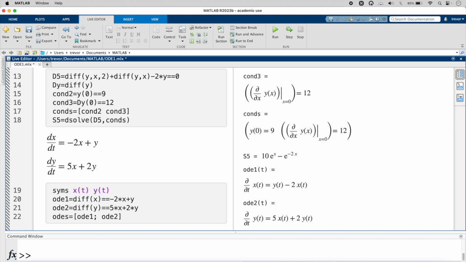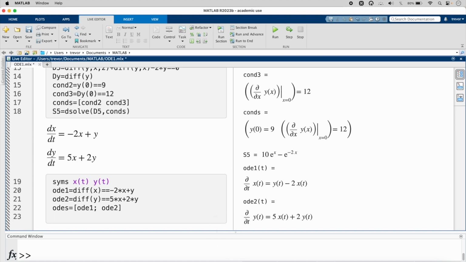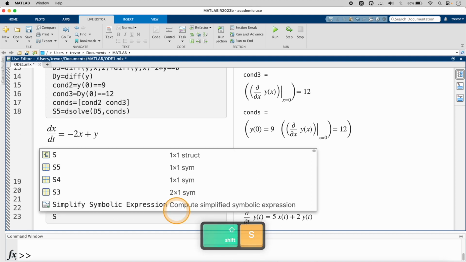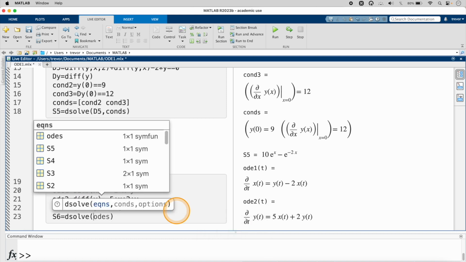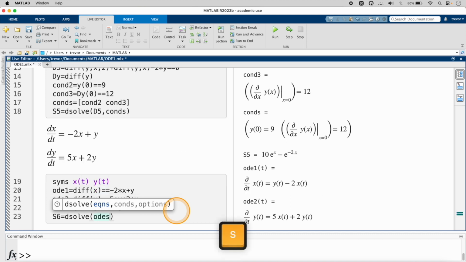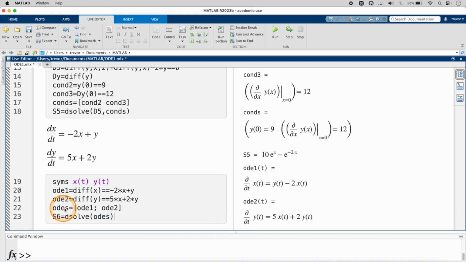And then we go on to solve, and our solution, we'll call it S6, the sixth solution that we are having here. And we use the function dsolve. Dsolve, open parenthesis. What we are solving here is ODEs, the system there that we have defined here. So dsolve ODEs, then I go on and run.